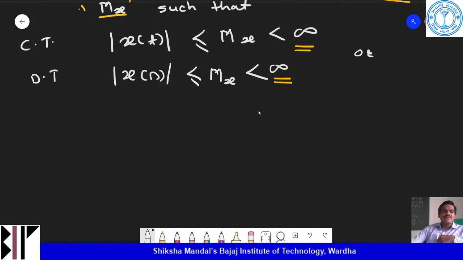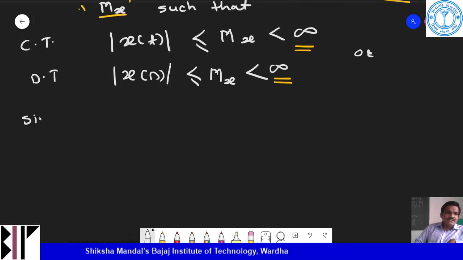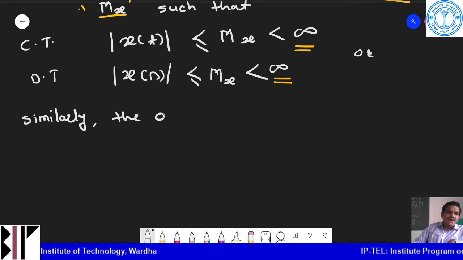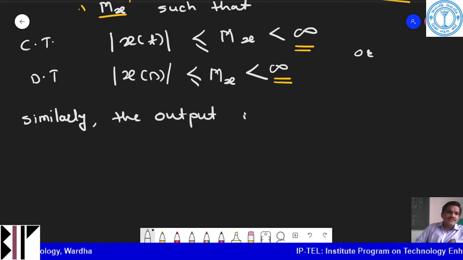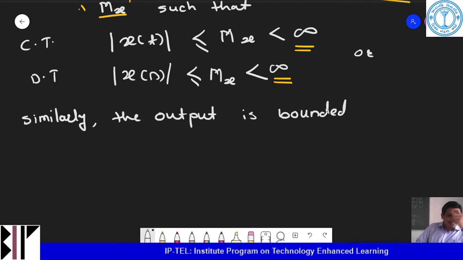Similarly, the output is bounded. Now we have seen the input is bounded.